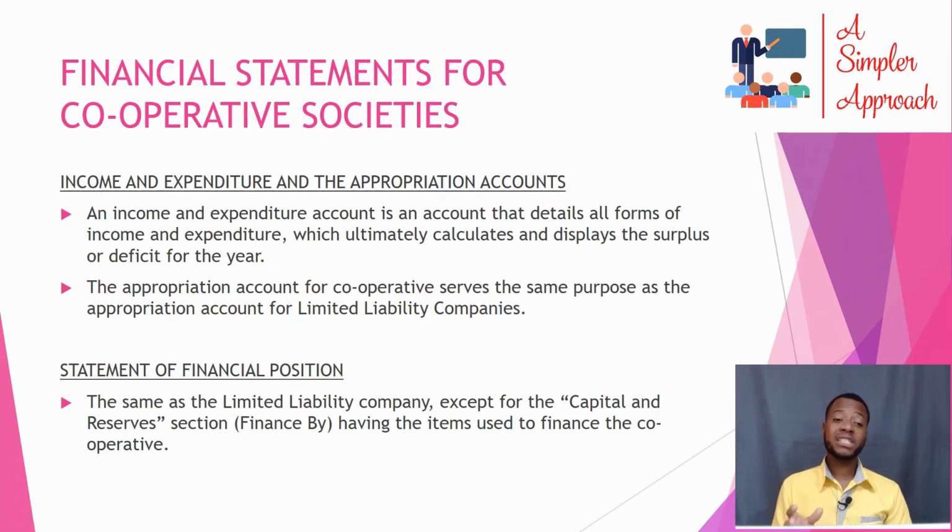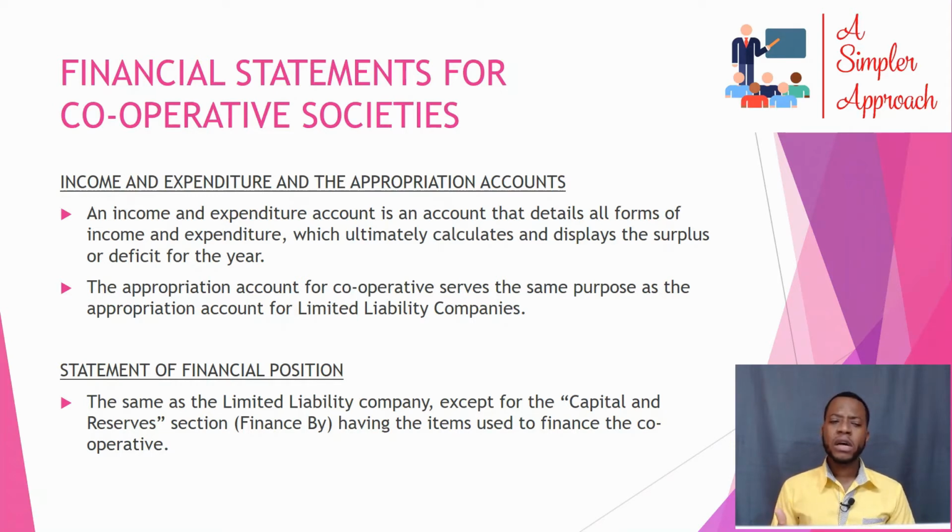Now, the financial statements for cooperative societies, there are two primary ones. Okay? The income and expenditure account and the appropriation account. These two come in one full thing. All right? You'll see it in a little while.